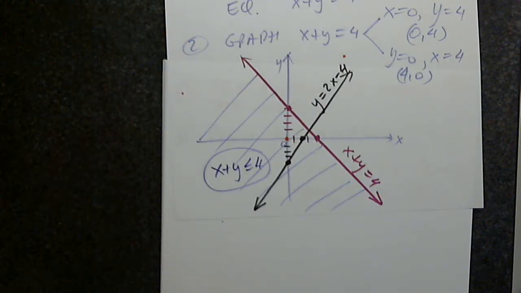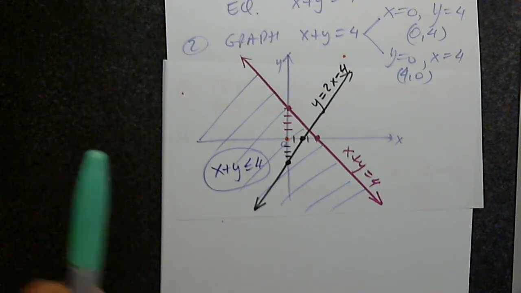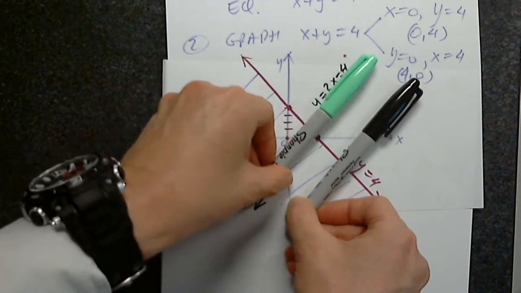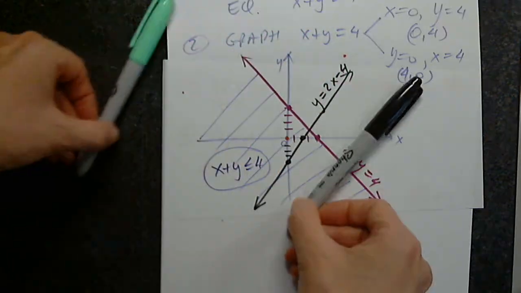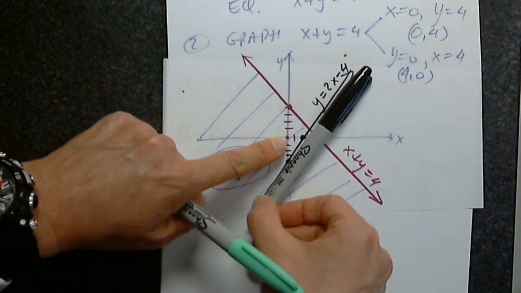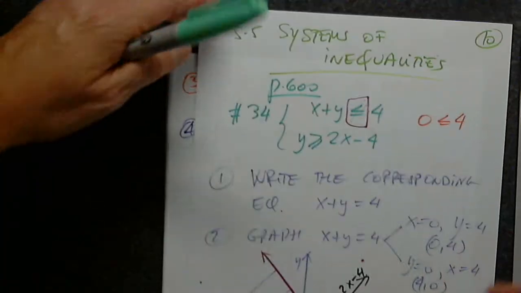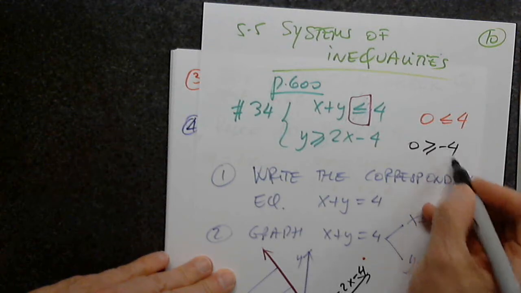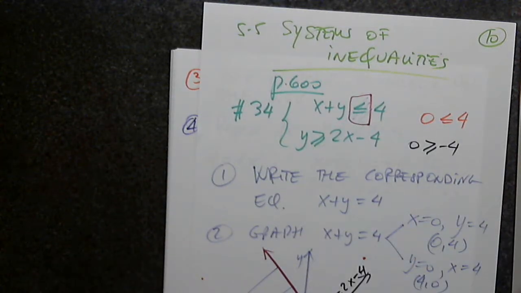Now for this equation, I see that the line divides the plane into 2 regions, the one below and the one above. In the one above, I see my favorite point, which is 0, 0. I go back and I get 0 is greater than or equal to negative 4. If you say it's true, I will shade the region where the point came from.